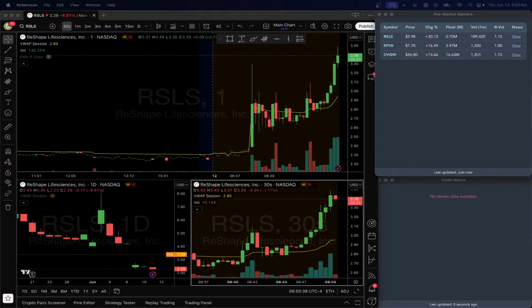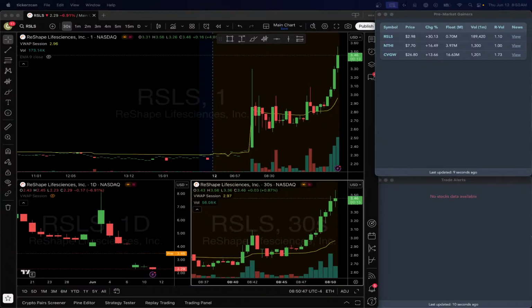If you took that trade, definitely put in a mental stop. I don't know if we can break the 3.5. If we can break the 3.5, that'll be good. We did break it, but we didn't hold it.